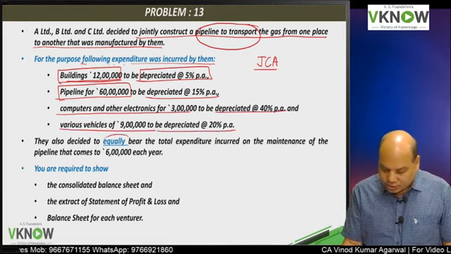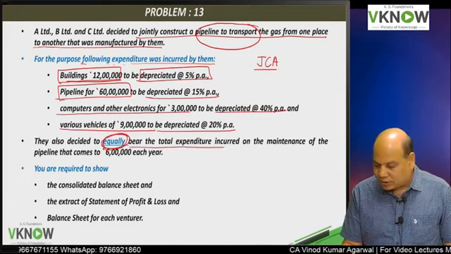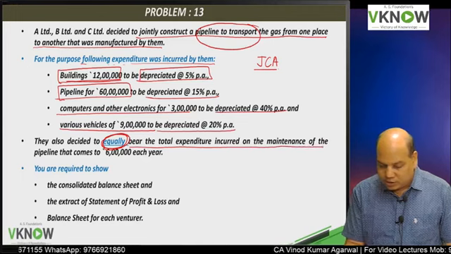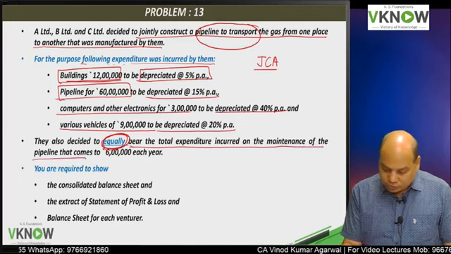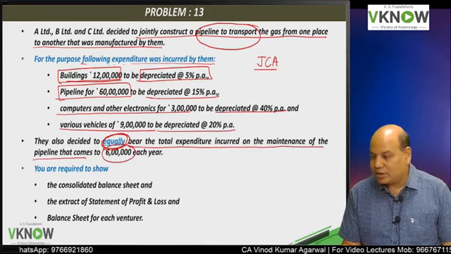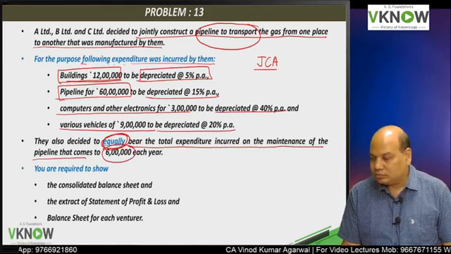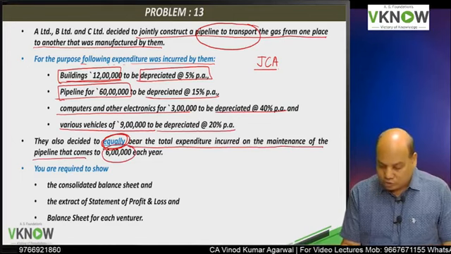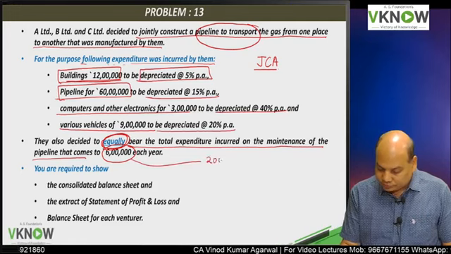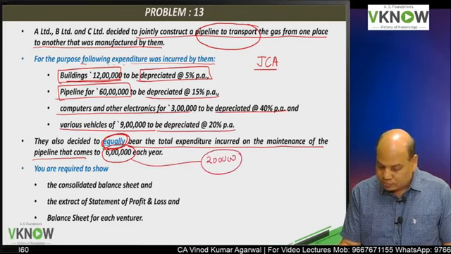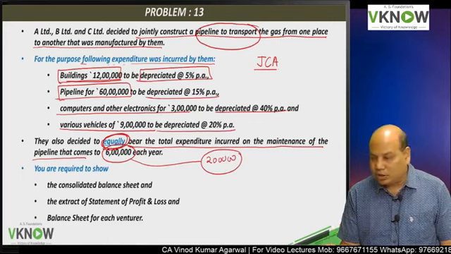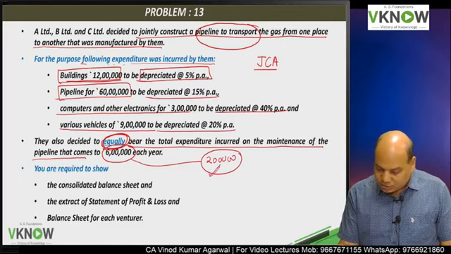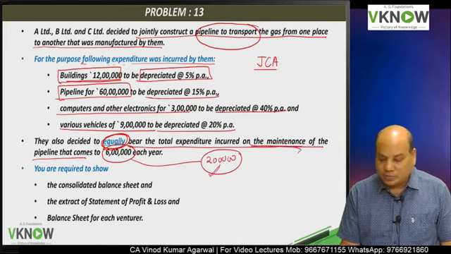They also decided to equally bear the total expenditure incurred on the maintenance of the pipeline, which comes to rupees 6 lakh each year. There are 3 venturers, so each will bear 2 lakh rupees expenditure related to maintenance of the pipeline.